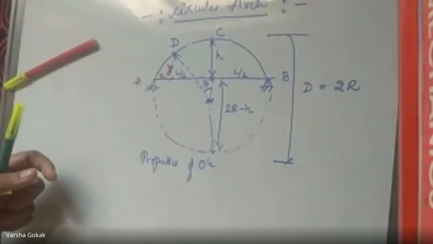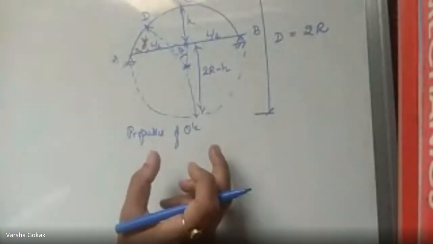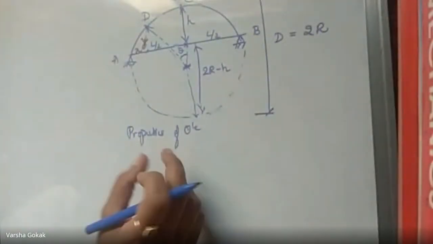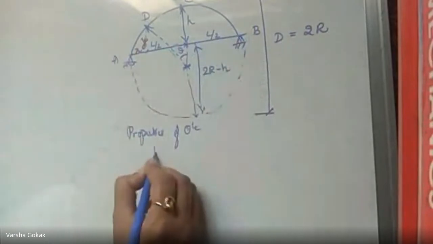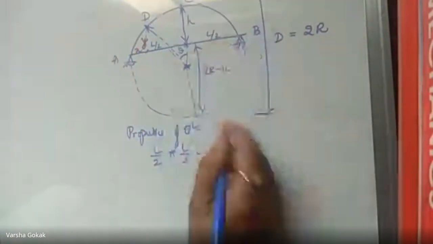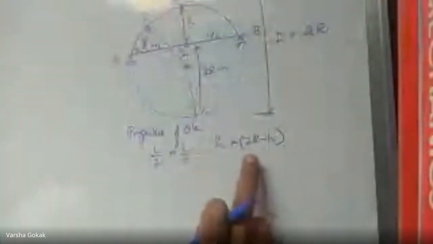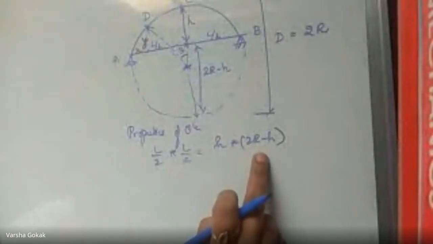from properties of a circle, we will write an equation, that is L by 2 into L by 2 will be equal to h into 2r minus h. That is, L by 2 into L by 2 is going to be equal to h into 2r minus h, from the properties of a circle that you studied in high school.